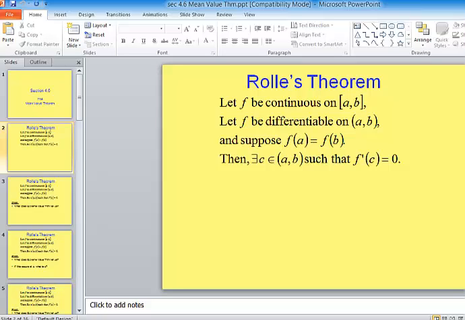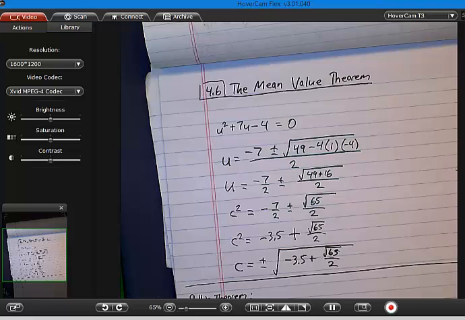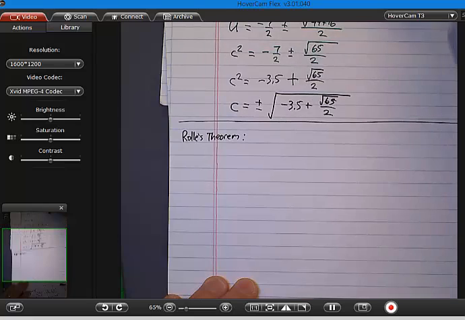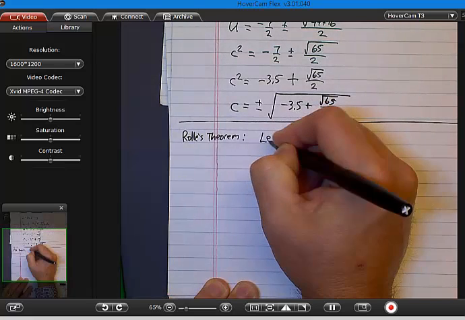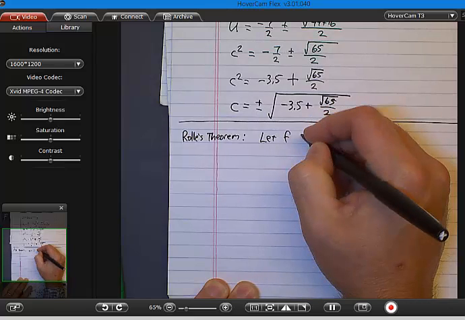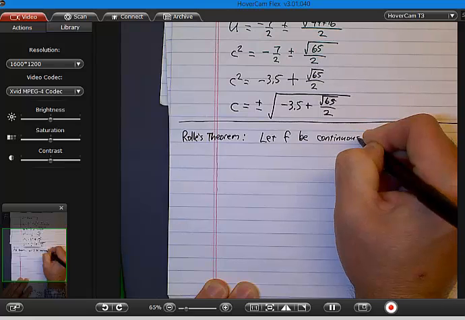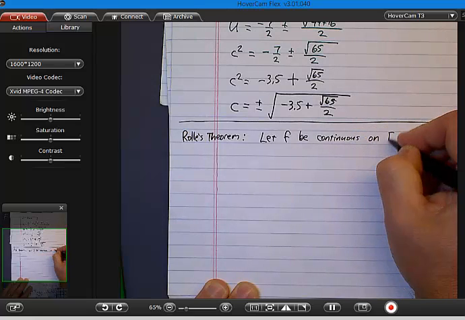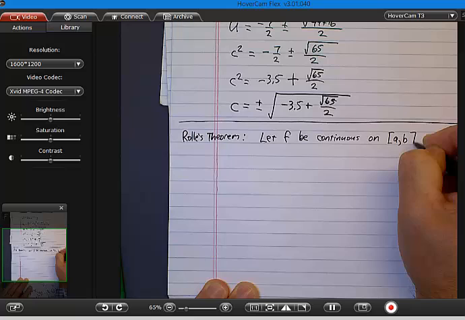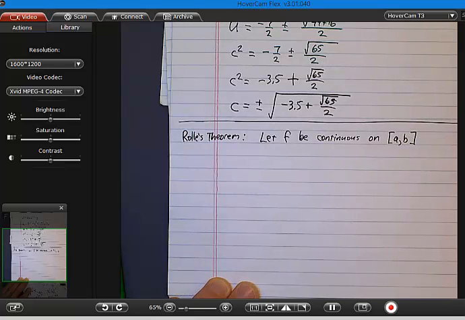So Rolle's theorem, I'll write it down here. Rolle's theorem: we're going to let f be continuous on the closed interval a, b. So we studied continuity a lot already. We know what it means to be continuous.